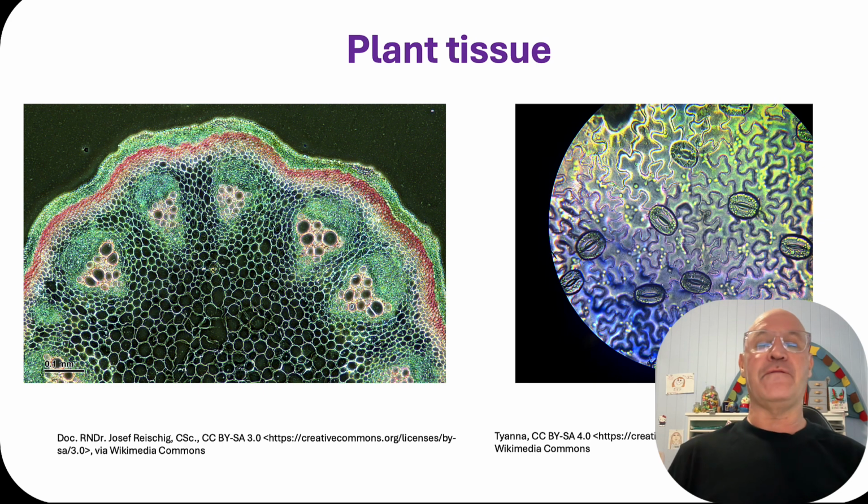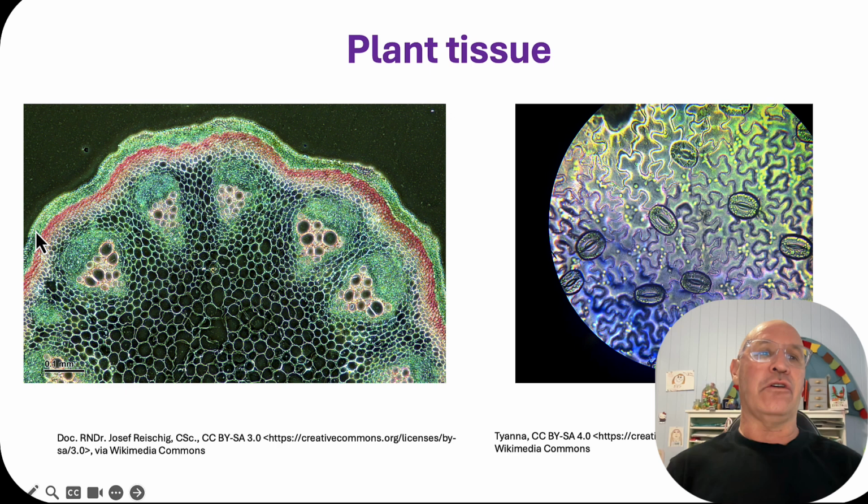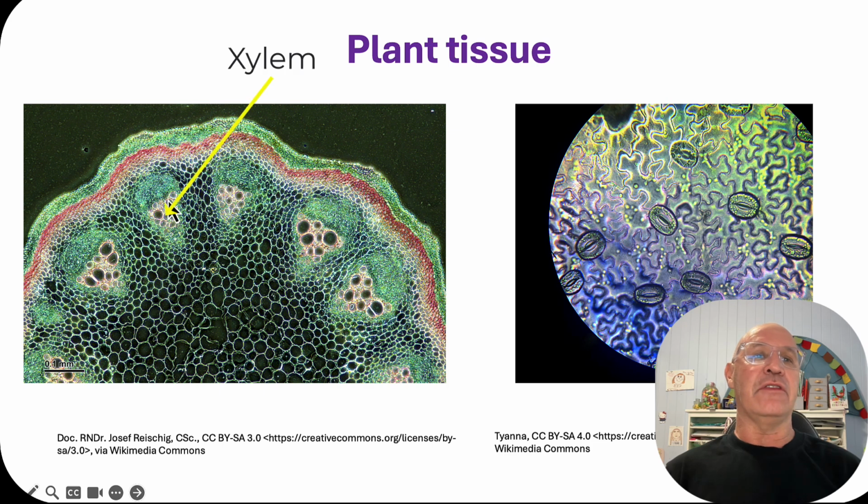Now, of course, don't forget it's not just about animals, it's also plants. So this here is a cross-section of a stem, and this is the vascular bundle. It's the xylem and the phloem, and in fact the phloem is this part here on the outside, and the xylem is here on the inside, and each one of these is a vascular bundle, or the vascular system of a plant.